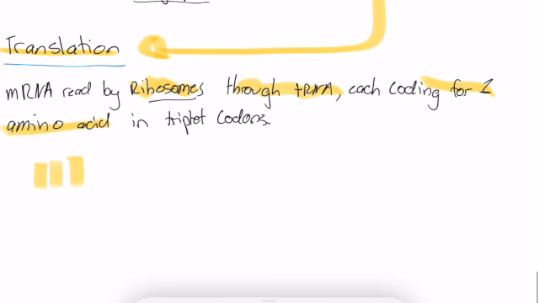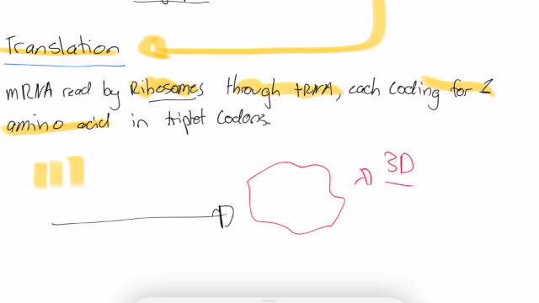So effectively, it's just continually read until we get to that point where we get that stop codon, and that's when you have your completed structure, which will ultimately end up in your 3D more complex form, and ultimately your final protein.